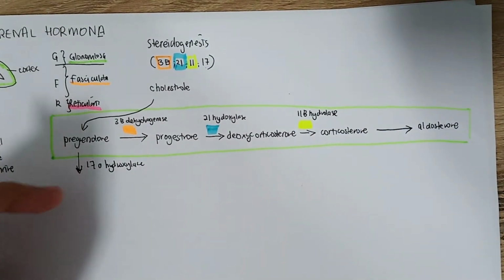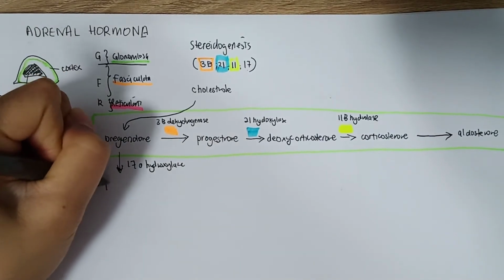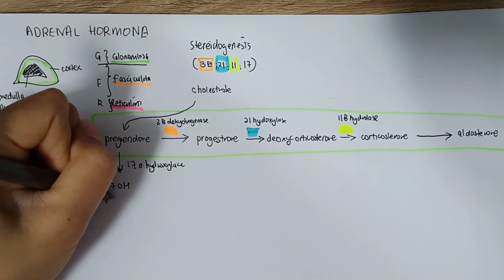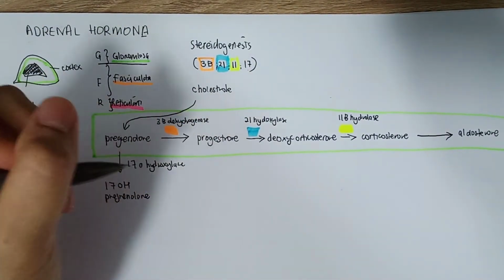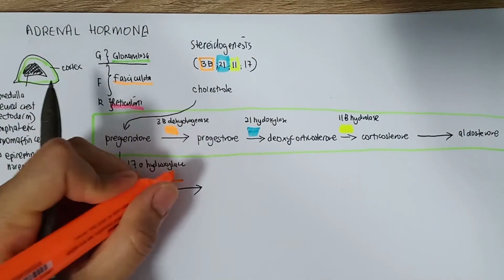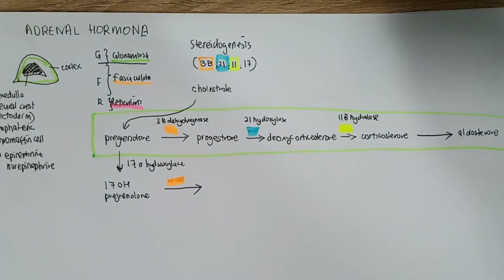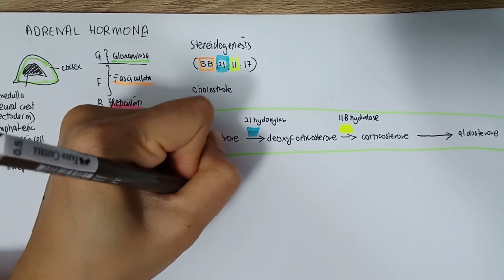So 17-alpha hydroxylase will further convert the pregnenolone into 17-hydroxypregnenolone. 17-hydroxypregnenolone will use the similar enzyme, the 3-beta dehydrogenase, to produce 17-hydroxyprogesterone.